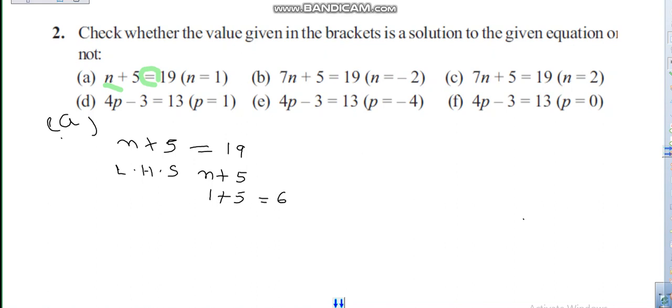Now this answer I will match with the right hand side. Now the right hand side of the equation is equal to 19.